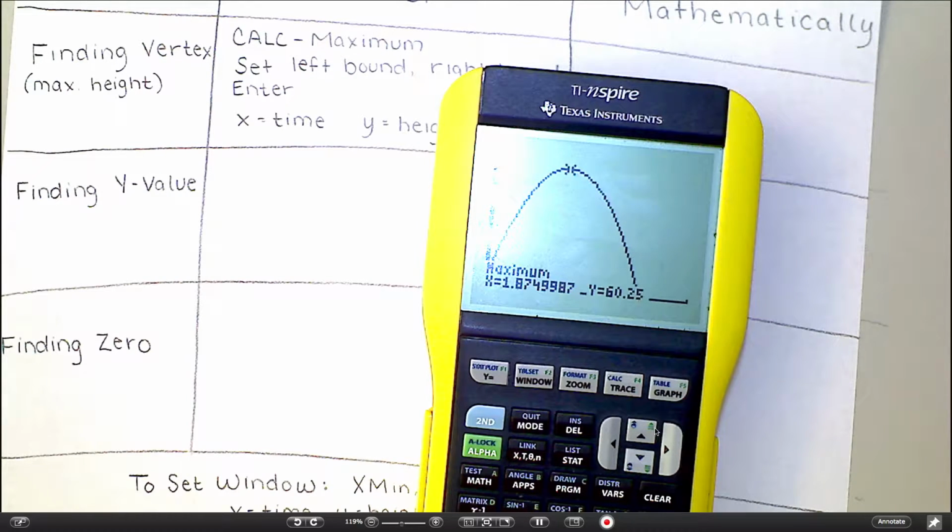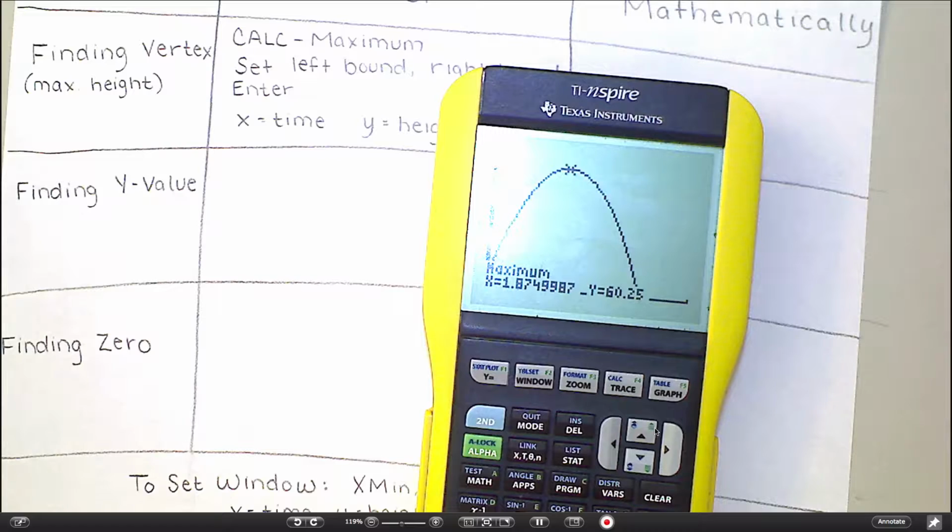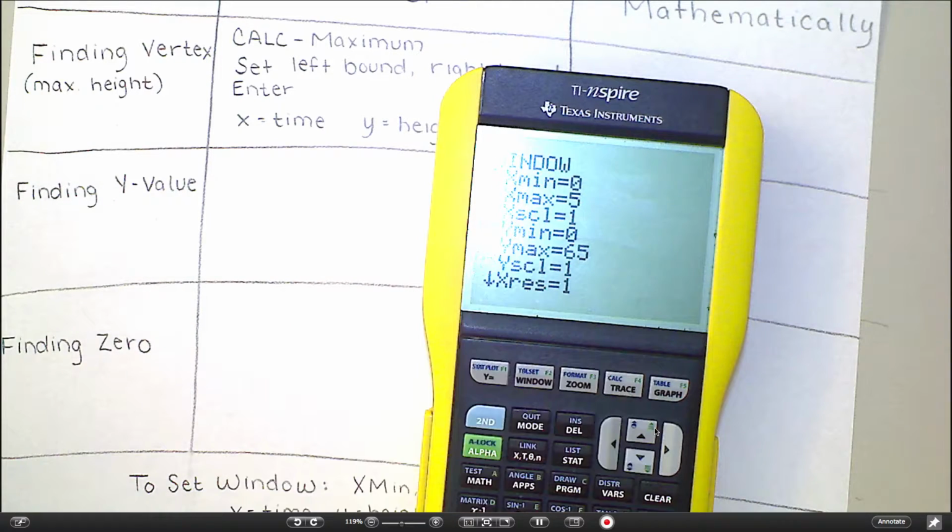Okay, you didn't set your window with us. We talked about how to set this window. You want it to look just like mine. So 0 to 5 and 0 to 65. Then you're going to do calc, which is up above trace.